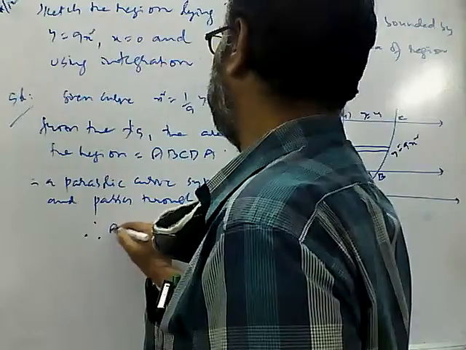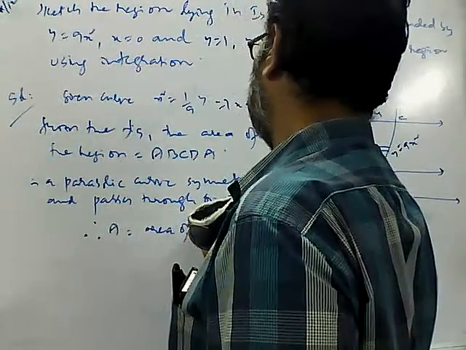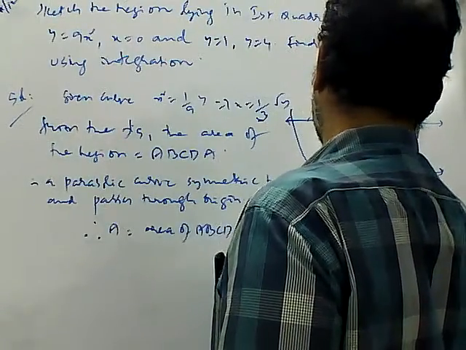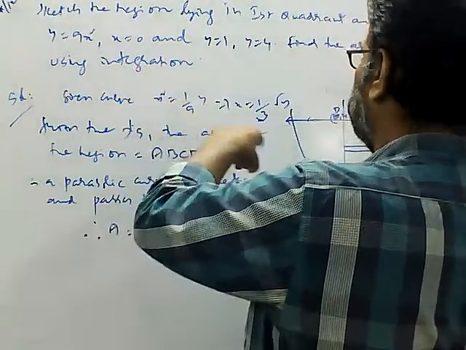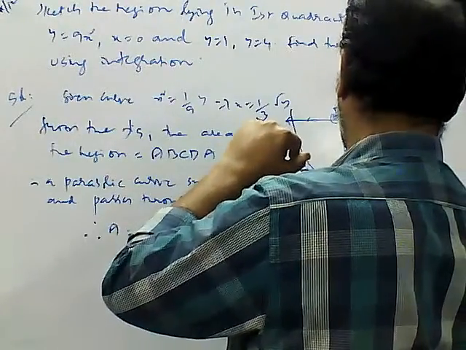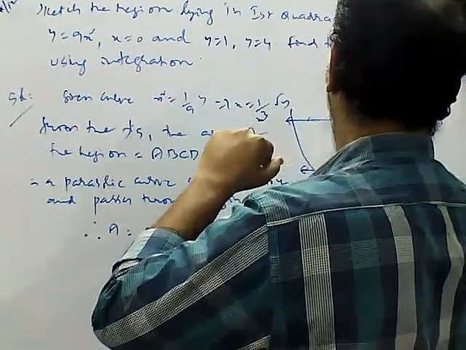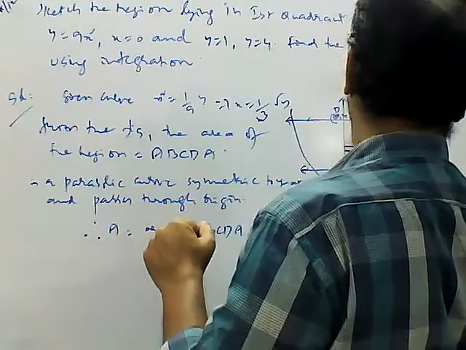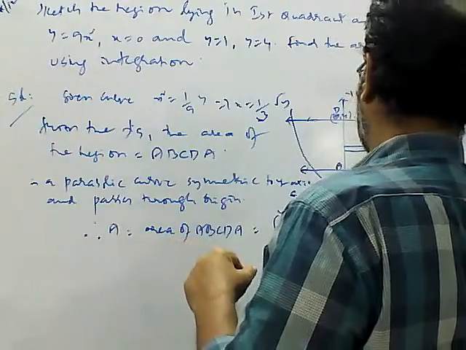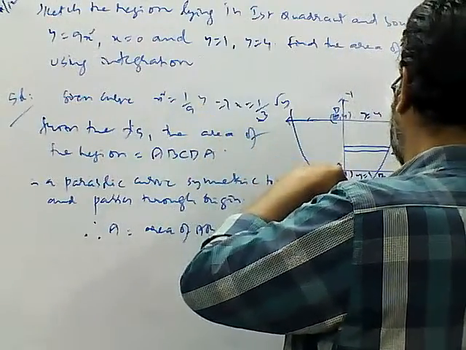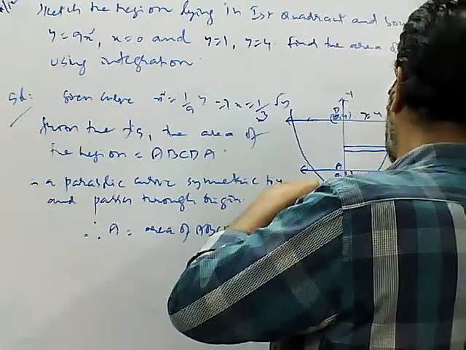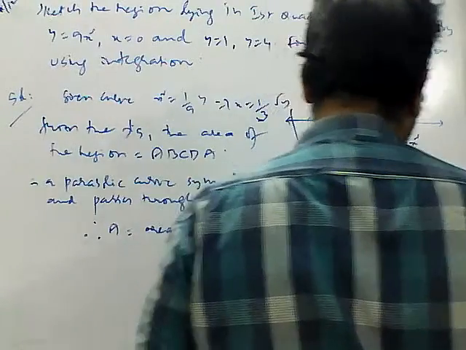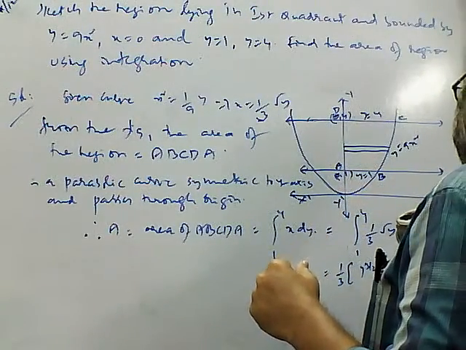So the area A is equal to integral 1 to 4 of x dy. What does x mean here? That is equal to integral 1 to 4 of 1 by 3 root y dy, which is equal to 1 by 3 into y power 3 by 2, from 1 to 4, into 2 by 3.